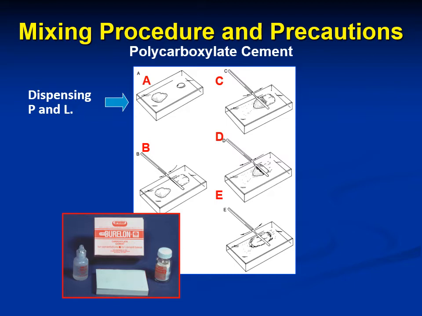The mixing begins with the addition of the 90% of the powder all at once to the whole liquid, and mixing it over a small area of the glass slab with a rotatory movement in one direction. Why do we add the 90% of the powder to the whole liquid?